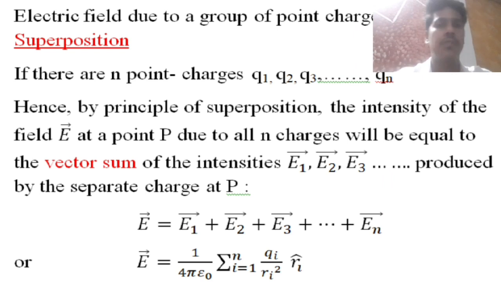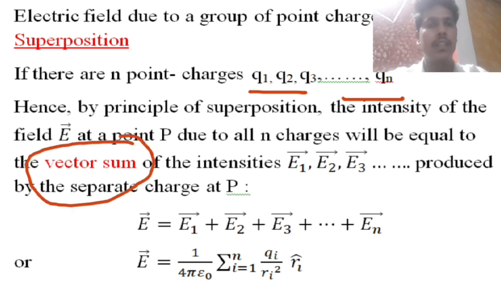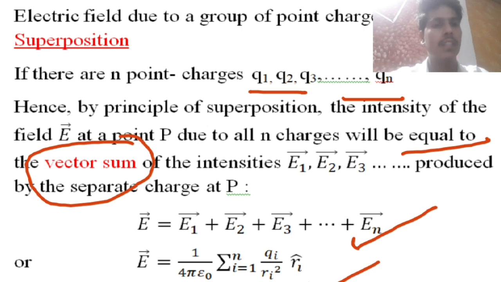If you have charges q1, q2, q3 up to qn, the net electric field is the vector sum of all the values. You can note this derivation by pausing this video.